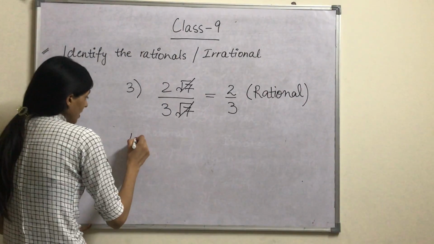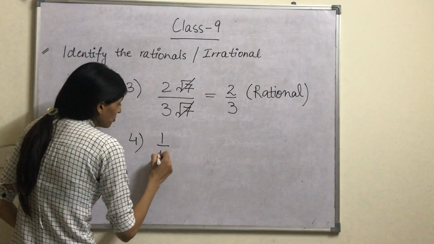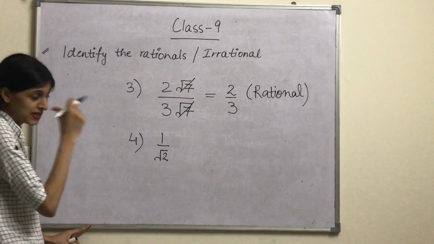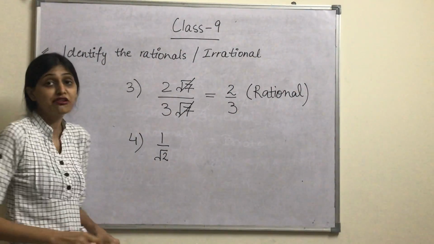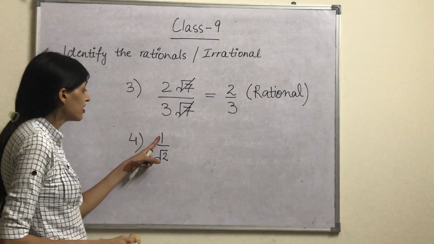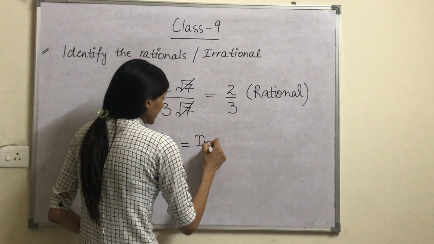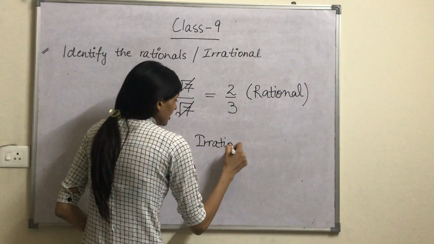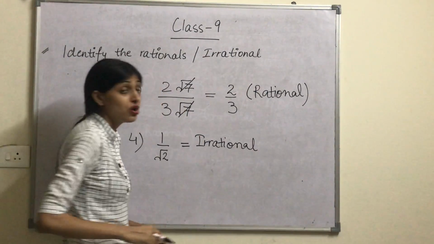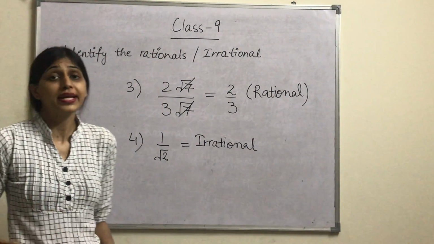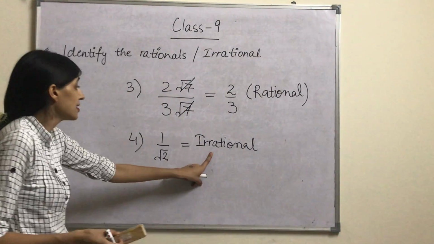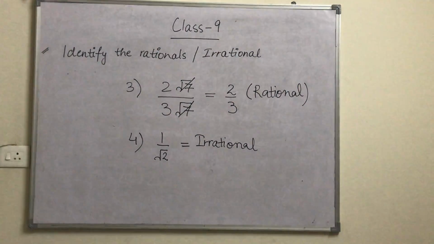Next. Suppose it is given 1 upon root 2. This is a rational number, this is an irrational number. Whenever a rational is divided by an irrational, the answer will always be irrational because you never get a whole value, you always get a value in decimals. So this is an irrational number.